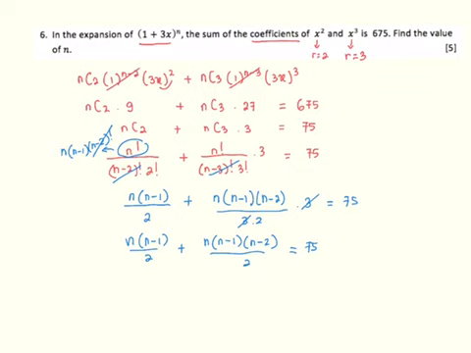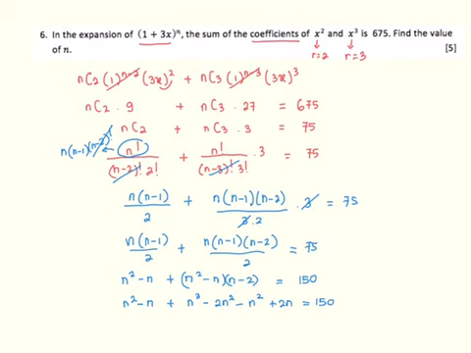I don't like working with fractions, so both sides multiplied by 2. I have n, and then I expand the numerator, n squared minus n, plus n squared minus n times (n minus 2), is equal to 150. n squared minus n, I expand again, plus n cubed minus 2n squared minus n squared plus 2n is equal to 150.